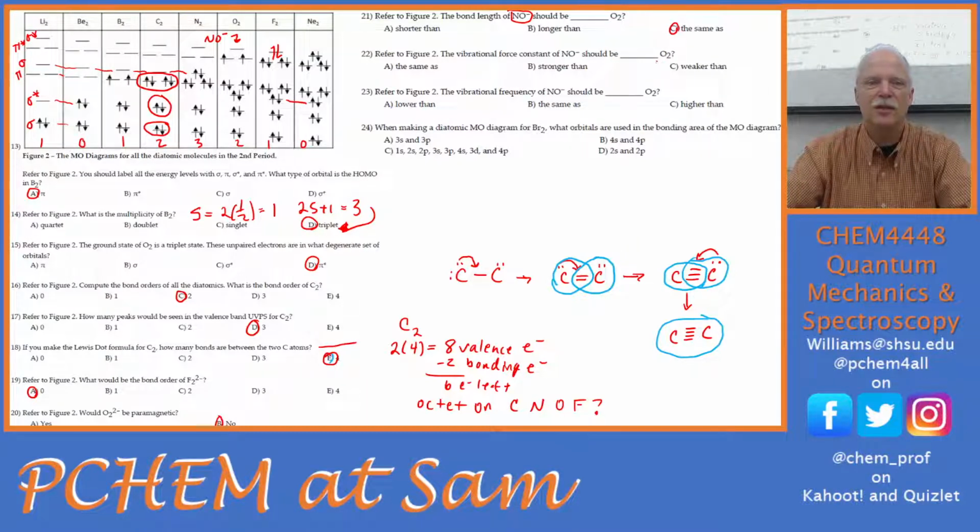The vibrational force constant, again, that's the spring constant holding it together, should be the same as, because that's governed only by the electron cloud. But when you get to the masses, because nitrogen is lighter than oxygen, it's going to be a higher than, because the vibrational frequency is square root of K over mu. And as mu goes down, vibrational frequency goes up.